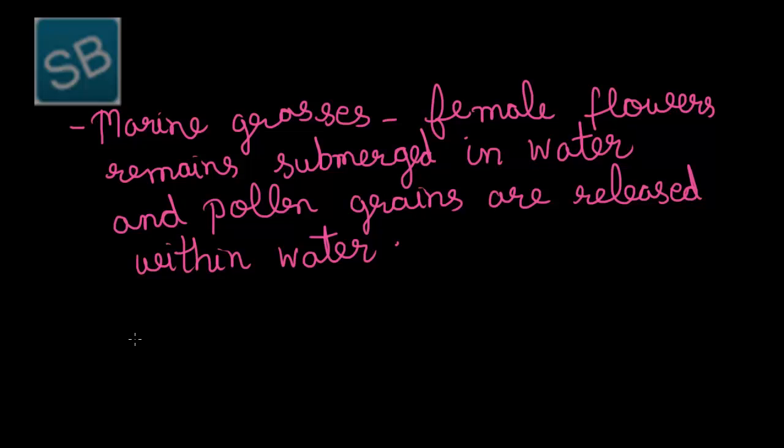In most of the water-pollinated species, the pollen grains are protected from wetting by a mucilaginous covering that has specific gravity.